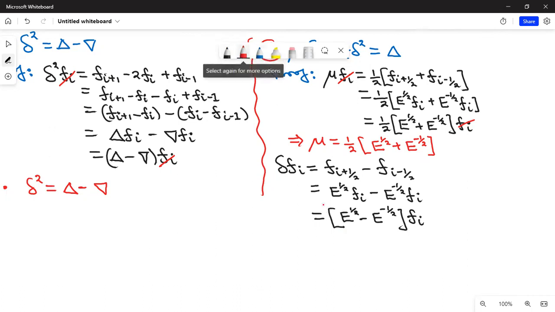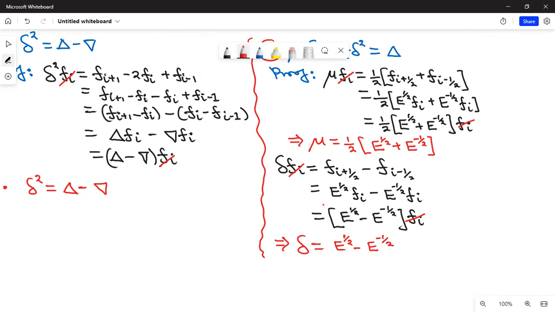And so if I cancel this and this one, this implies that delta is the same as shift raised to 1/2 minus shift raised to negative 1/2.